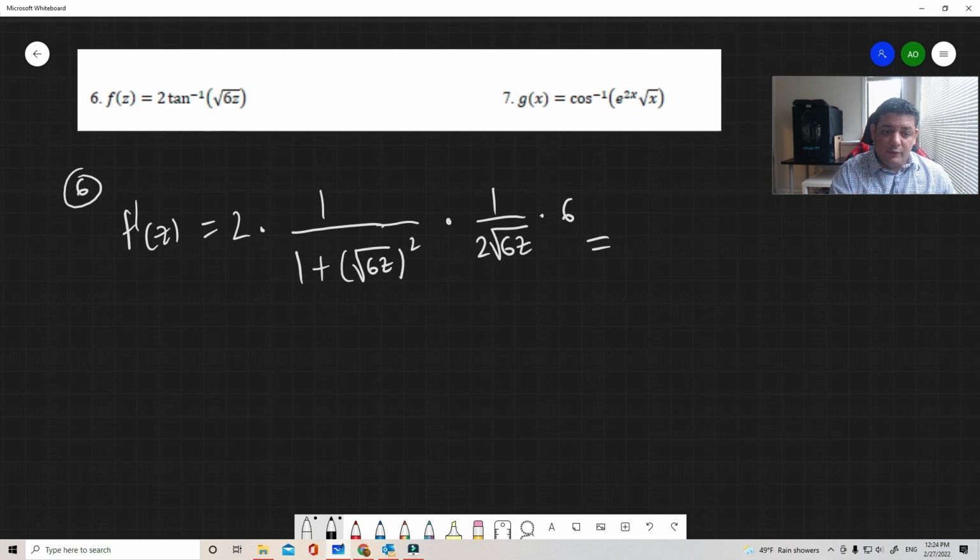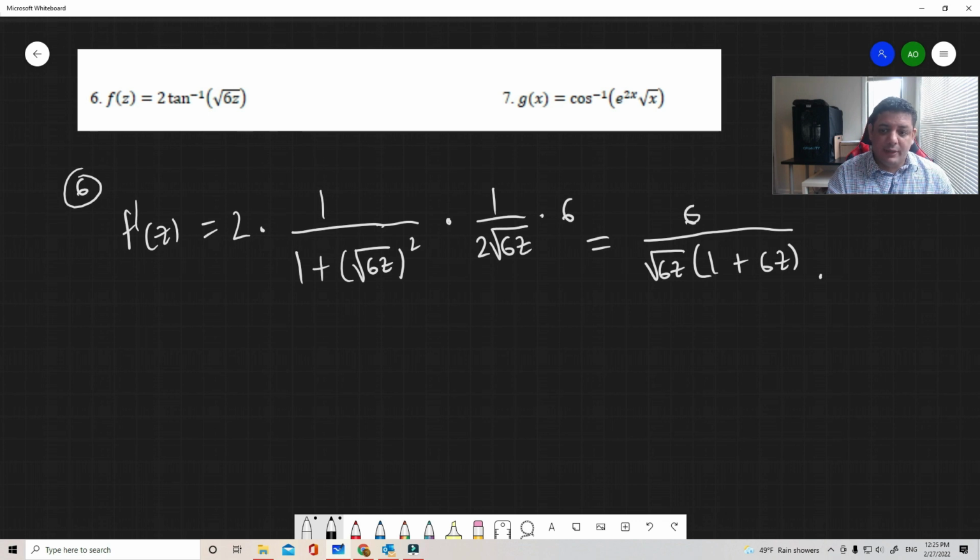Notice that this 2 goes away with this 2, and so we're going to be left with that c with this 6. So we get 6 on top, and on the bottom we get square root of 6c times 1 plus 6c, and everything is complete here.